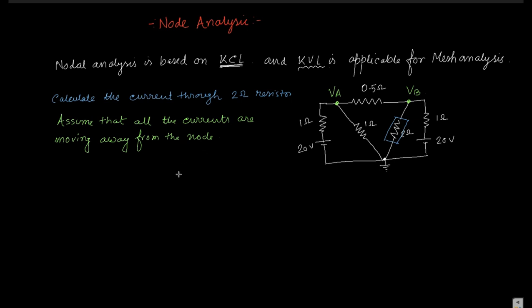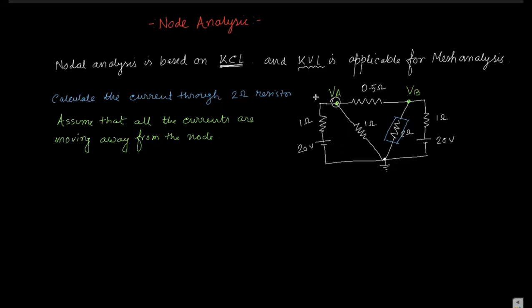Okay. So first of all, to solve it, this is one node. So nodal analysis means you have to apply the KCL at node A. If we apply KVL, then you must apply the KVL in a closed loop. Then you write A, B, C, D like this.